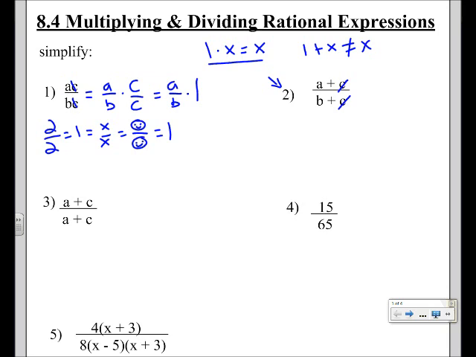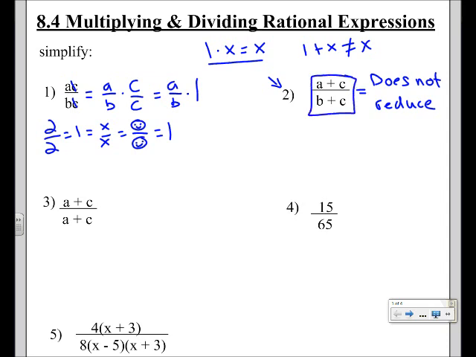Well, we can't do that because we're adding two quantities together on top and on bottom. This is something we just simply can't do. So when we're adding quantities on top or on bottom, we have to remember that we cannot cancel those. So this is going to be our fully reduced form. We're going to say does not reduce. Okay, so that is our final answer for this guy.